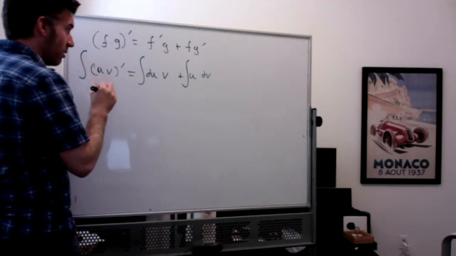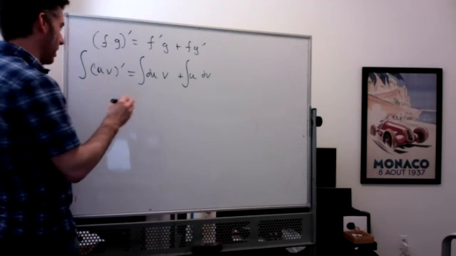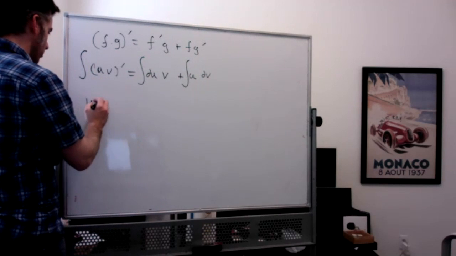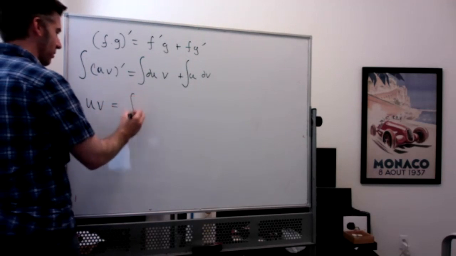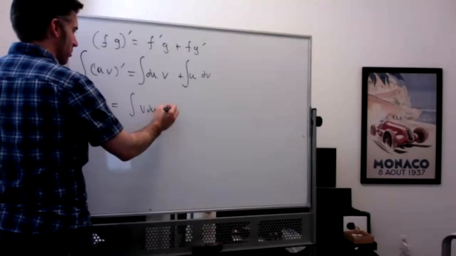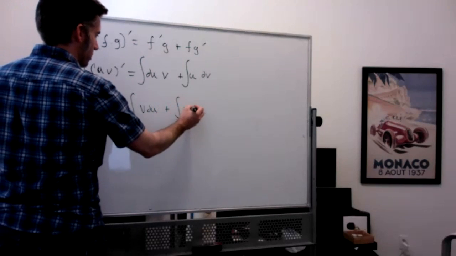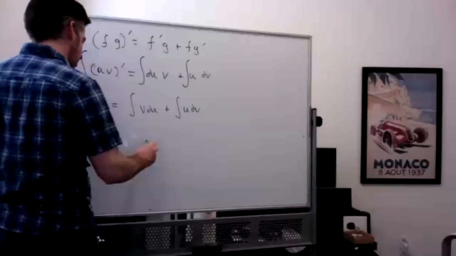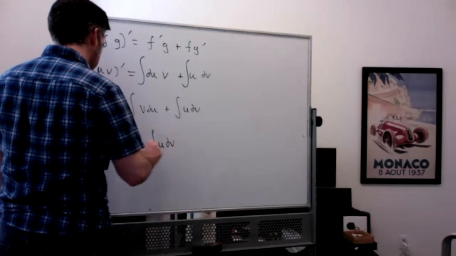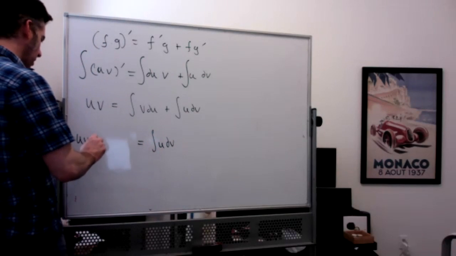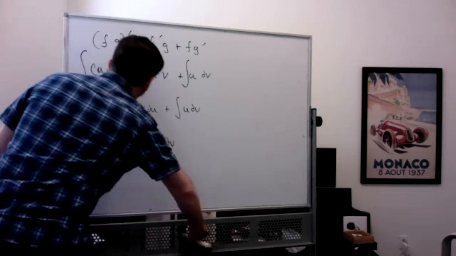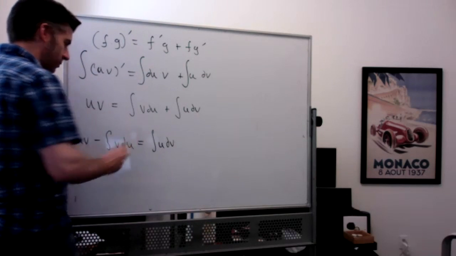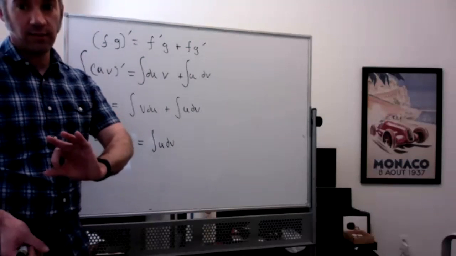The integral of the derivative is just the function, and we write this as the integral of v du plus the integral of u dv. Then we subtract this over here. So the integral of u dv is equal to uv minus the integral of v du.